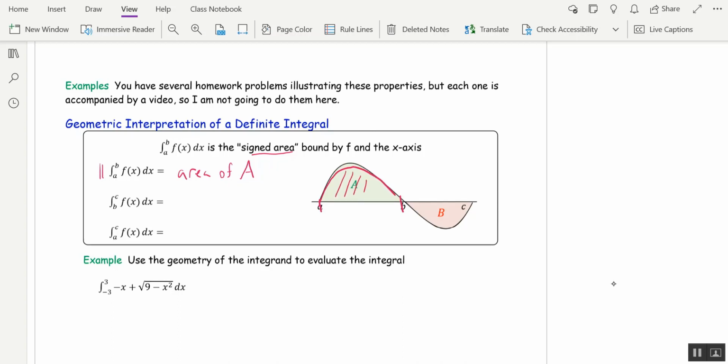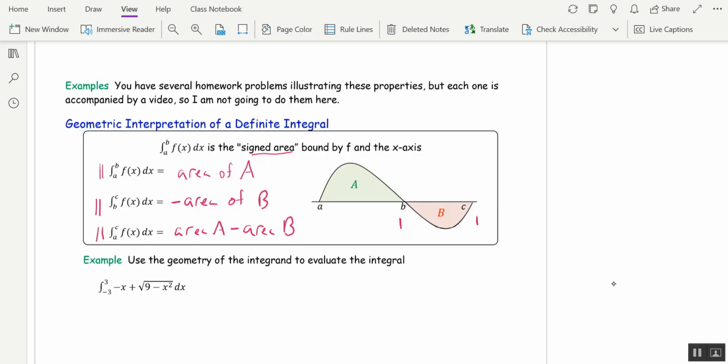So this is considered positive area. The integral from b to c, so that's going from this point to this point, is going to be negative the area of B. And that's because all the way from b to c, that function is below the x-axis. And then if we go all the way from a to c, we're going to get the area of A minus the area of B.